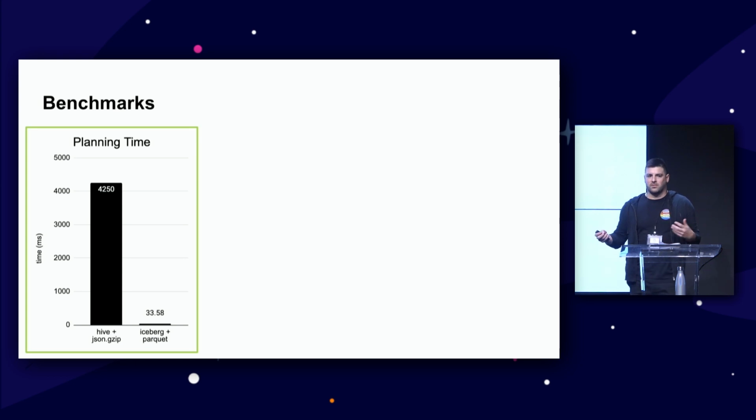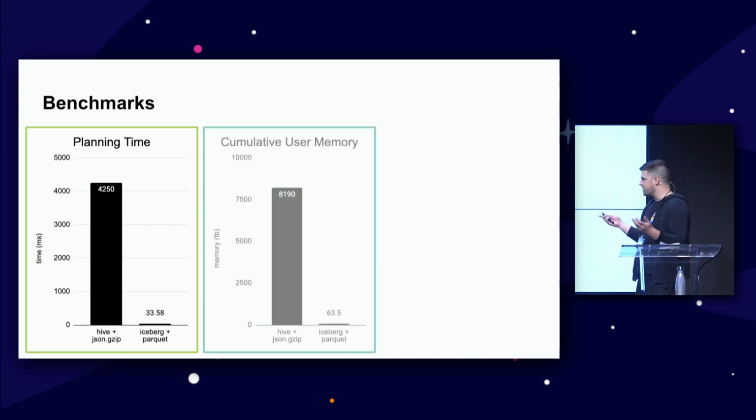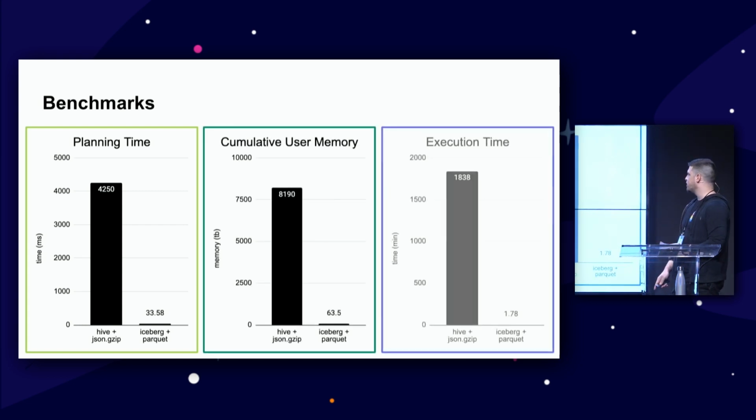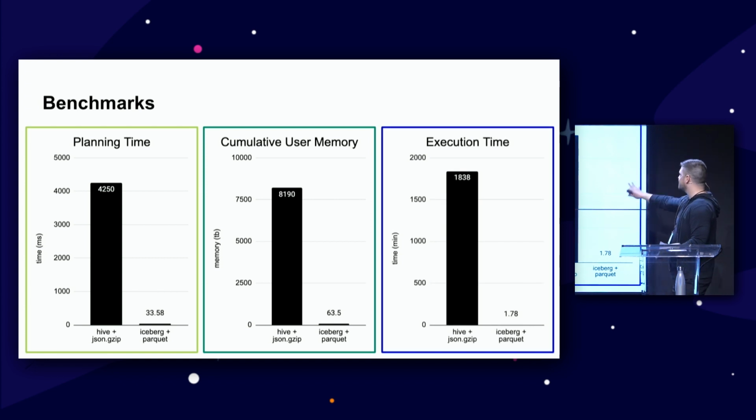I decided to look at what was the most used schema or endpoint in the GraphQL API in the last 30 days. So you can see, again, huge improvements in both planning time and cumulative user memory. But look at this execution time. 3 hours to 1.78 minutes. It's a 1,000 times speed up.